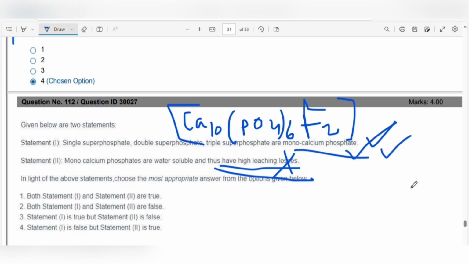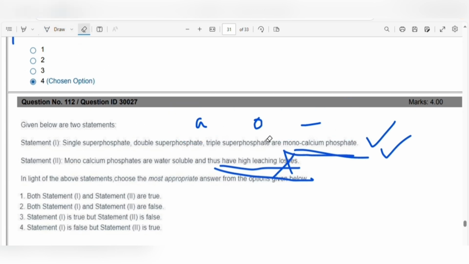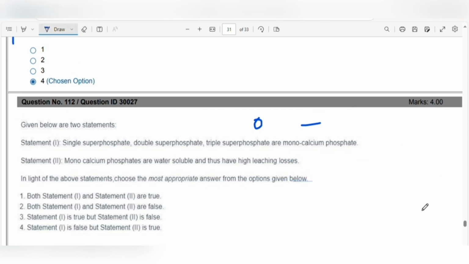In the first statement they have said that single, double, and triple superphosphate are monocalcium phosphate. This is a true statement.